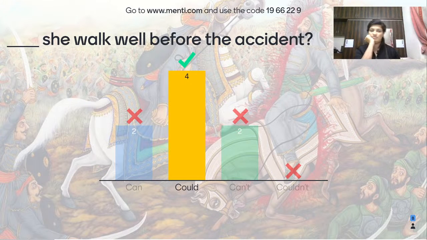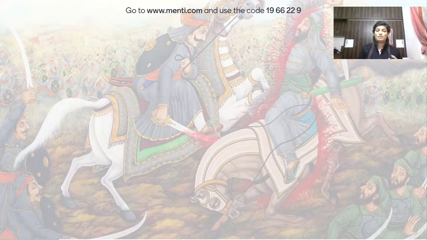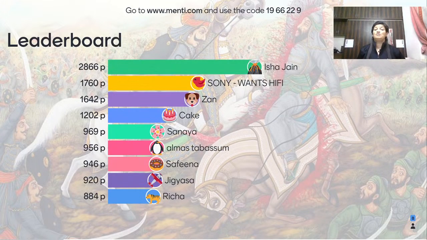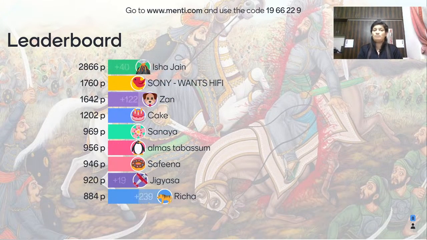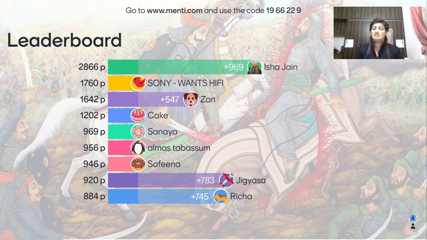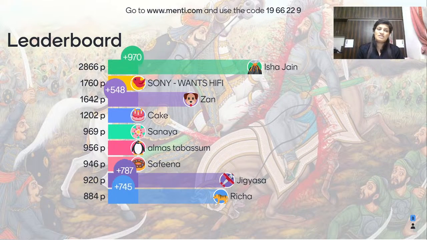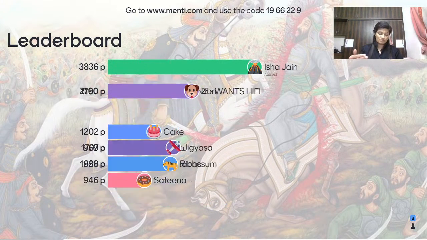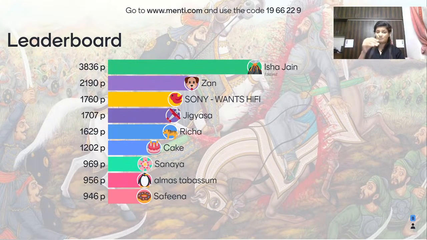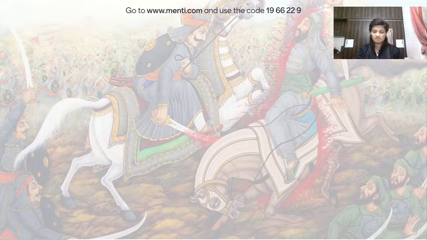Can't she walk well before the accident? Guys, well before the accident, it was actually a past action, right? So you are supposed to use could over there. Can would have meant present activity, and can't, obviously you cannot say. You were actually asking the person if the person can. Next, let's go to the next one.